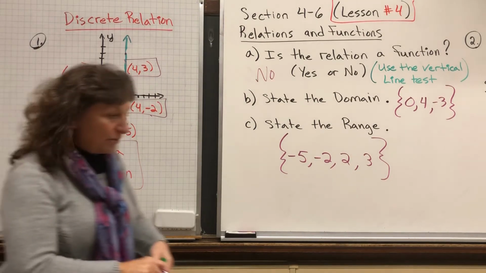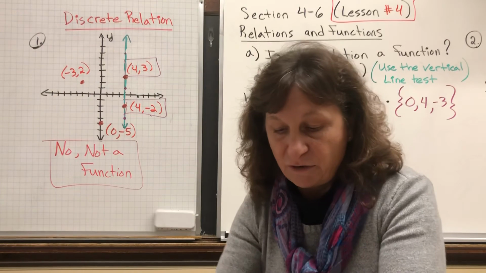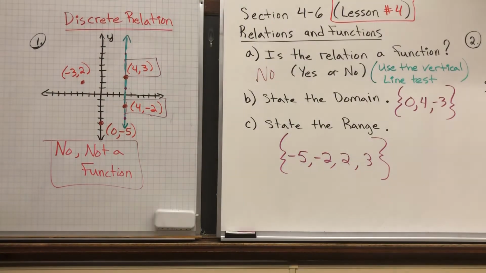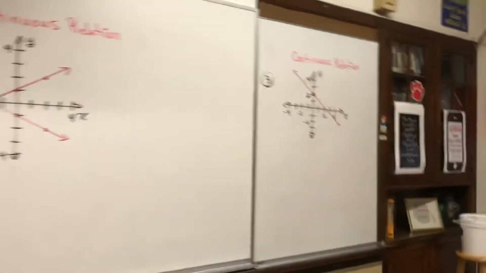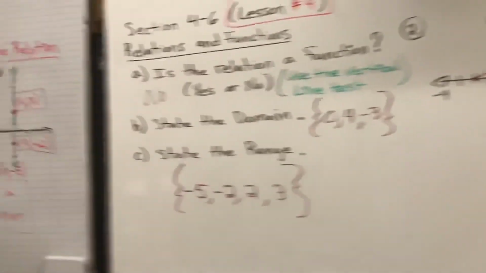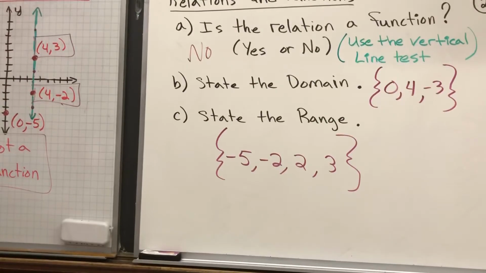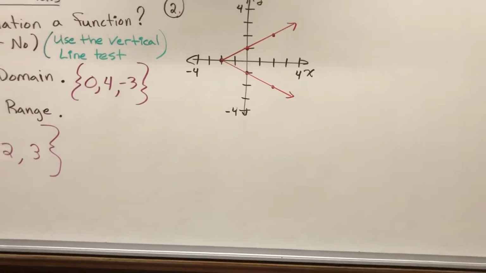And then I'm going to go ahead and move you guys over a little bit so we can look at a continuous relation. I'm going to be a little awkward here, but if I move this desk, I'm afraid I'm going to drop the camera, which is my cell phone, which would be bad news.